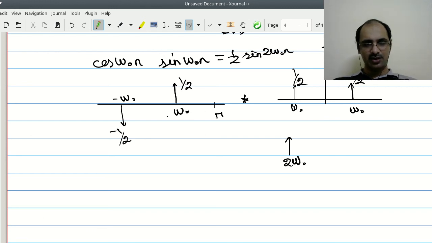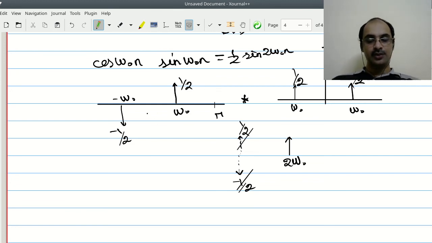Okay, I'm going to shift this, and this goes to 0. I'm going to draw it with a dotted line, so it's minus half. And I'm going to shift it to the left, so this goes to 0. These two cancel out, and you're going to get a negative at minus 2 omega naught. There's a j over here. Okay, I forgot that.